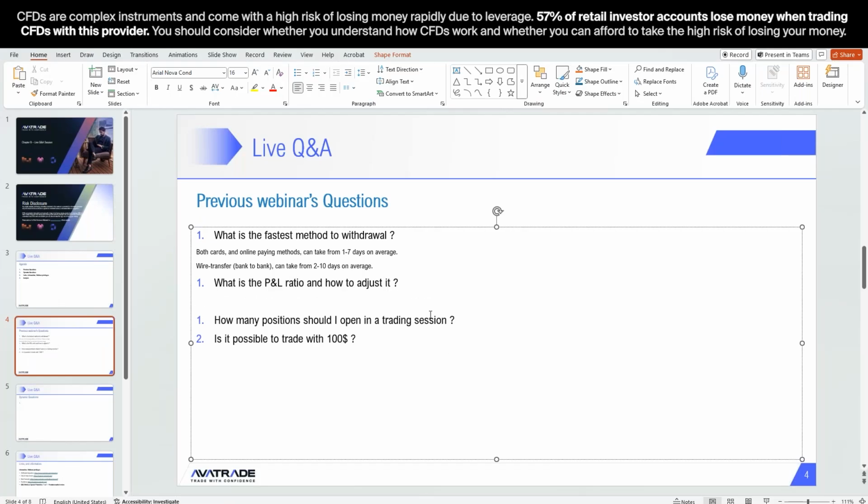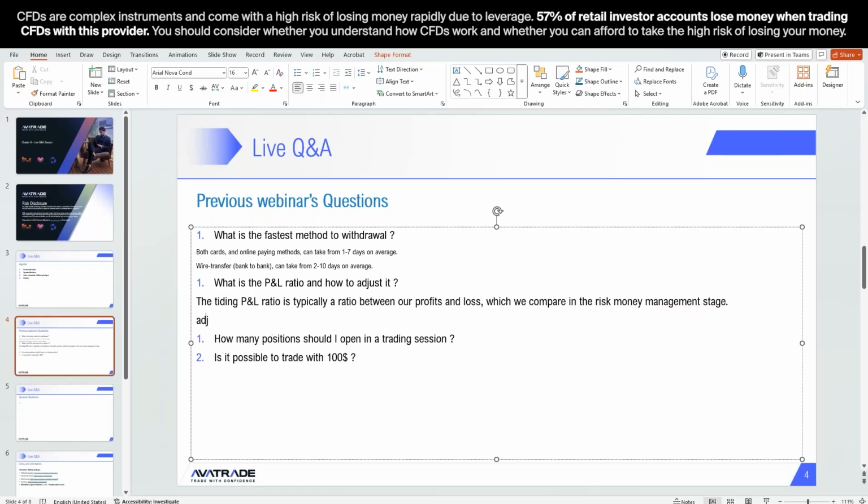So what is the P&L? How to adjust it? The trading P&L ratio is typically a ratio between our profits and losses, which we compare in the risk and money management stage.